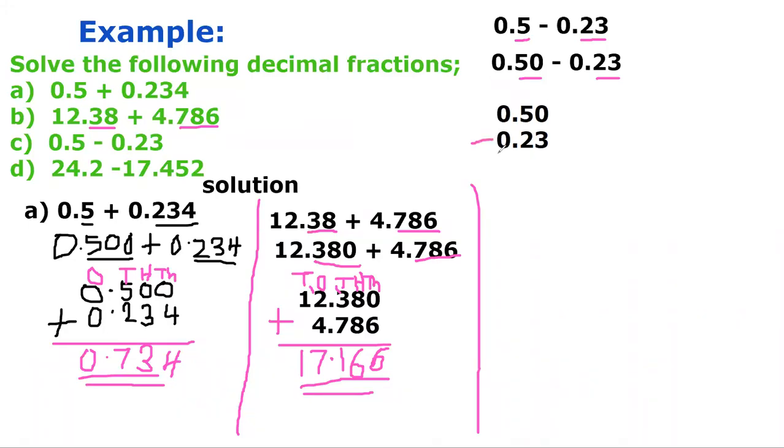Then you underline. When you finish underlining, you indicate the place value digits. Remember we said the decimal numbers' place values start from the tens, starting from the left side. So tens before the 100 here. But the whole numbers always start from the ones on the right side of the whole number. Good. Now we are going to subtract.